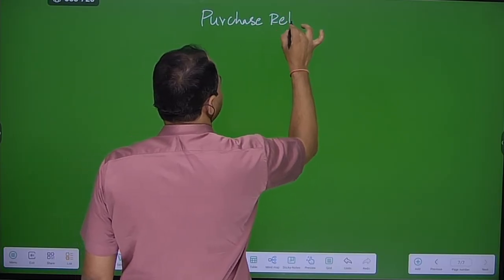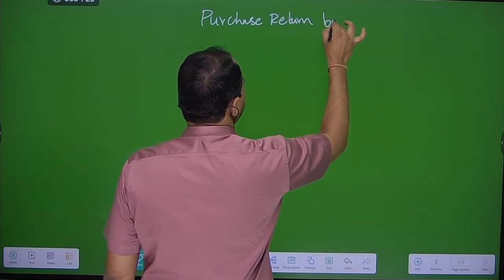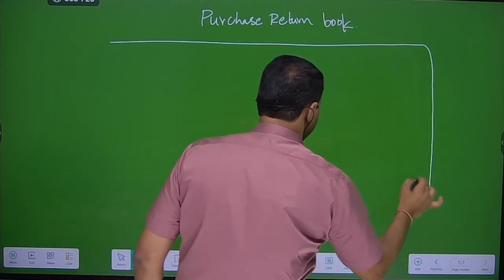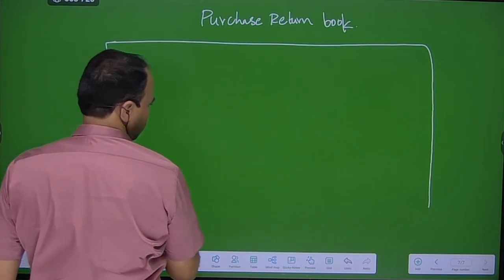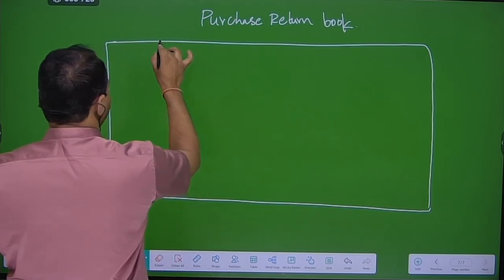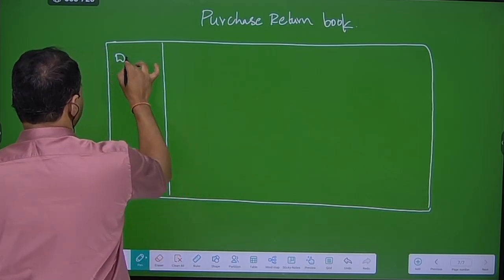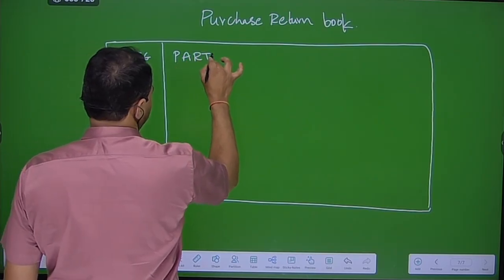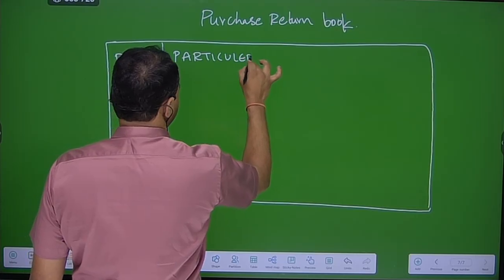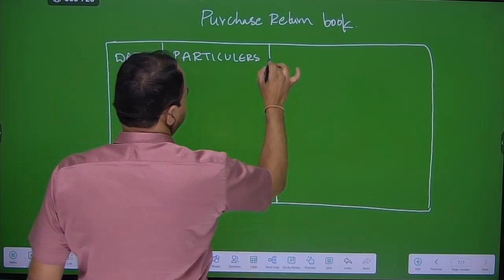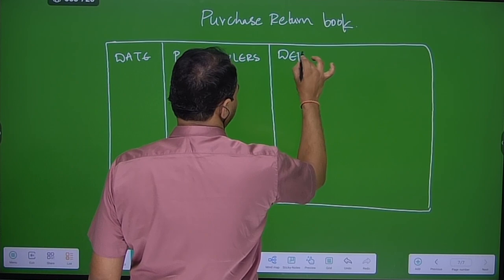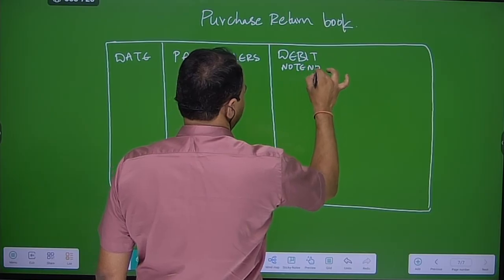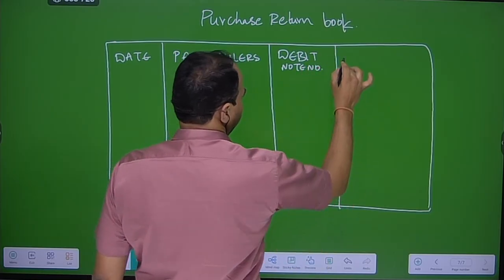So in the purchase return book, simply we will record date, particulars, debit note number, and amount.